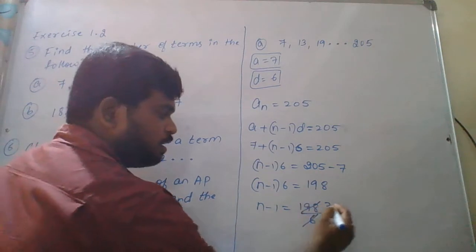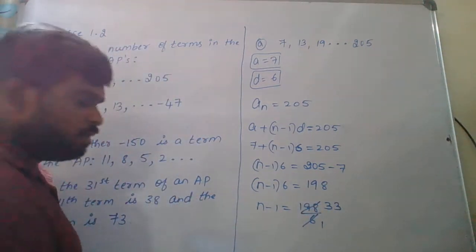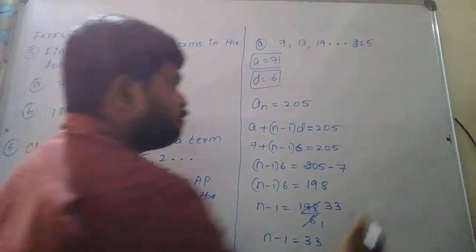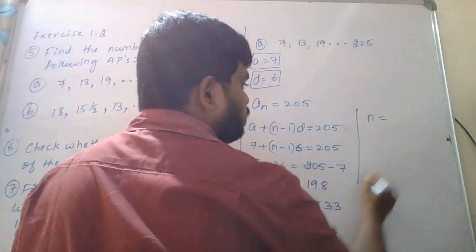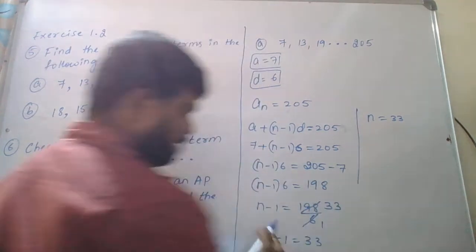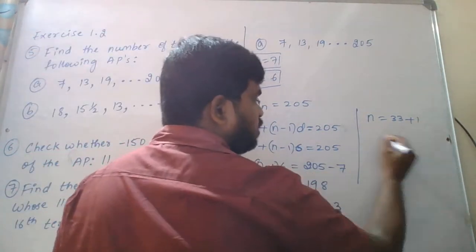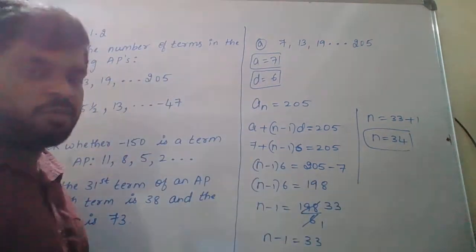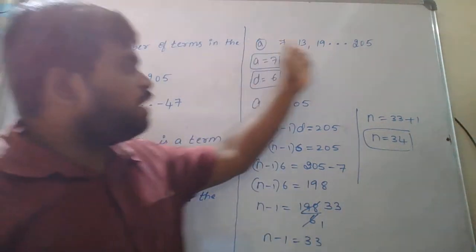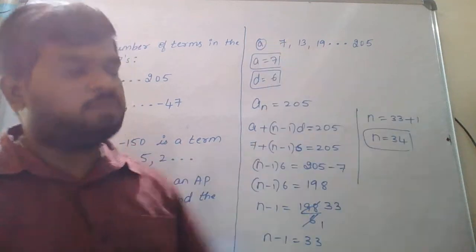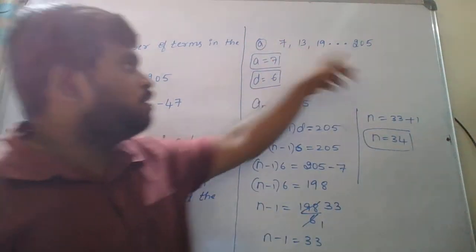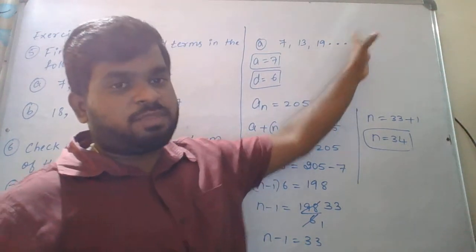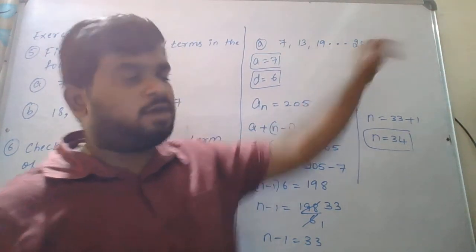Therefore, we got N minus 1 equals 33. Therefore, N is equal to 33 plus 1, so N is equal to 34. N is the number of terms, right? So totally there are 34 terms in this AP, and since this is in the last place, it will be the 34th term.